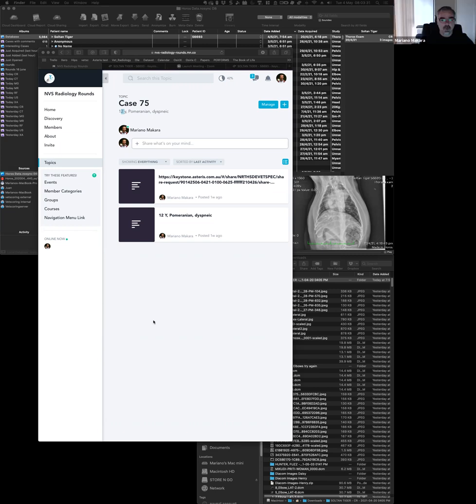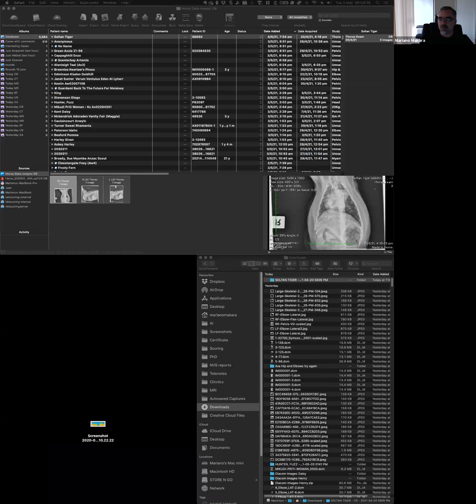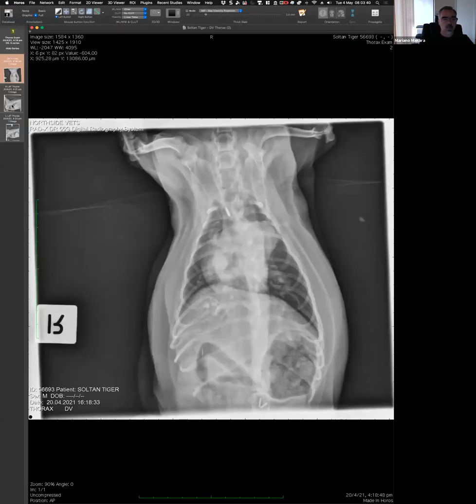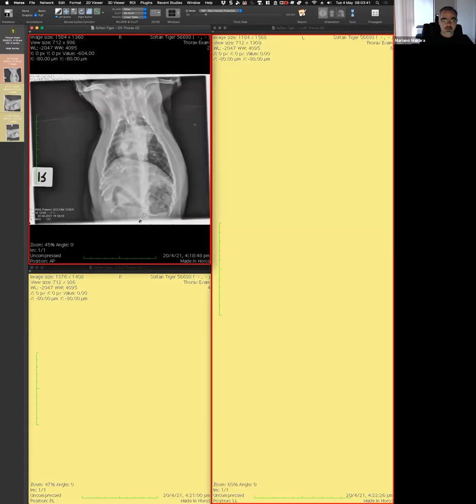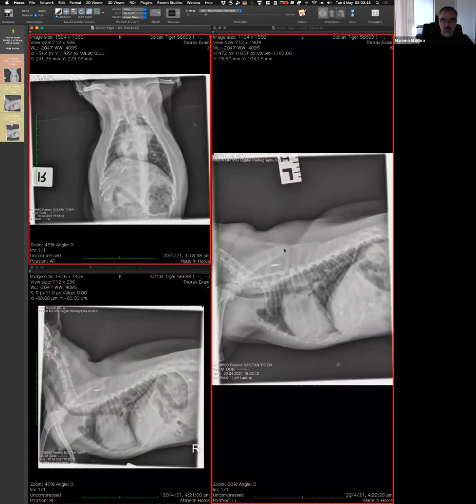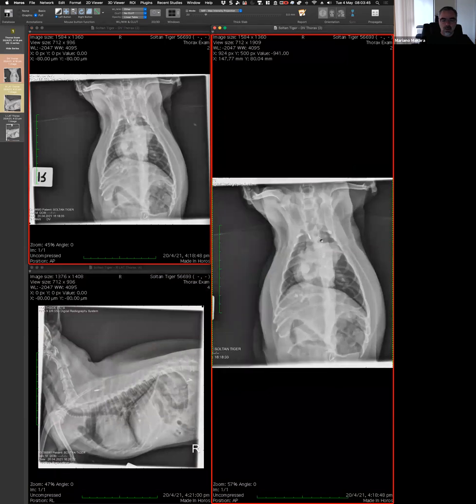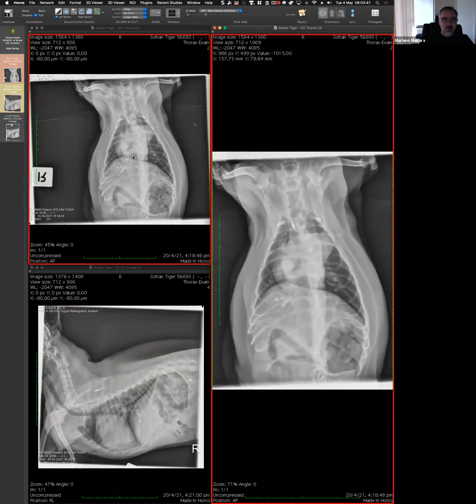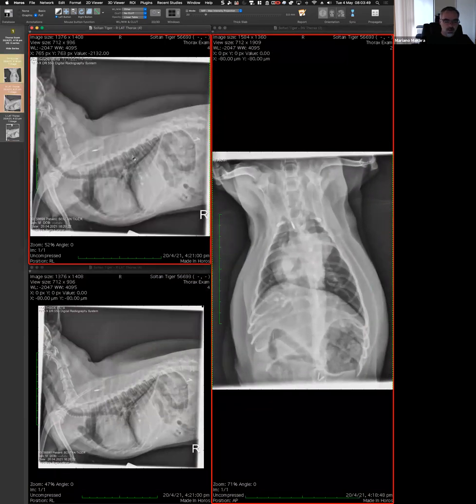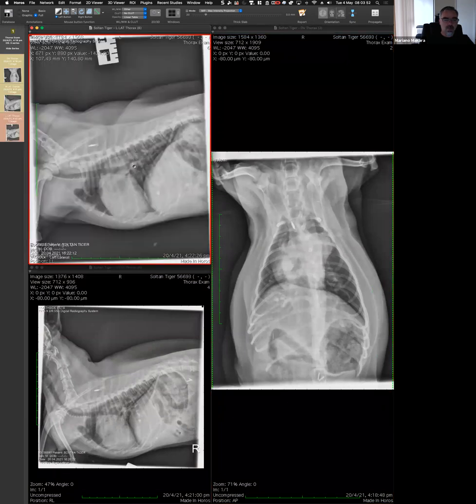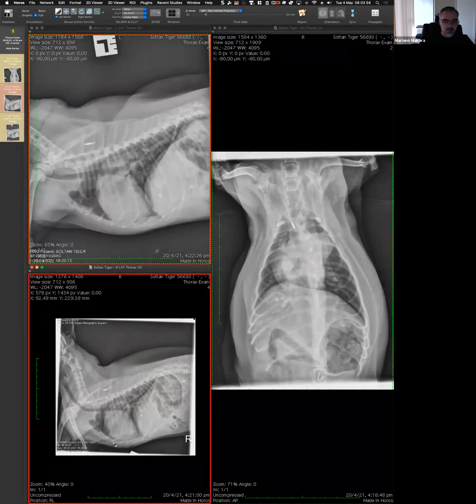Okay, so let me open the images, and we do what we always do, which is we go through findings. Things are not written in stone. There is no proven way to do things.